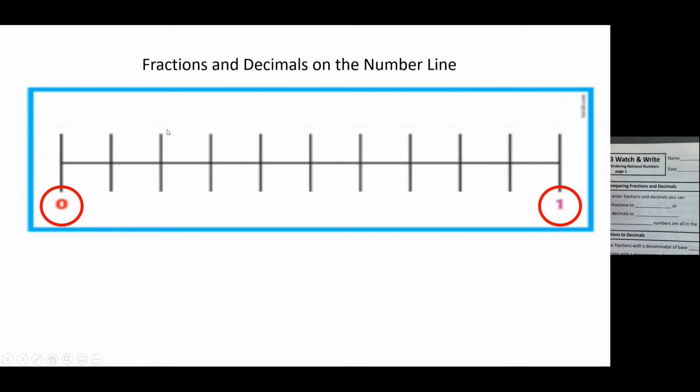If we put a line here and a line here and a line here and so on, we have broken the candy bar into 10 pieces. 1 piece here, 2 pieces, 3 pieces, 4, 5, 6, 7, 8, 9, and 10. 10 pieces, right? So think about this like a candy bar, and these lines mean we cut it, and we're going to cut it into 10 pieces.